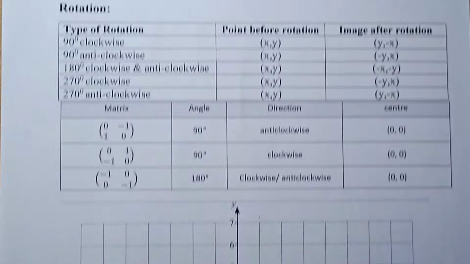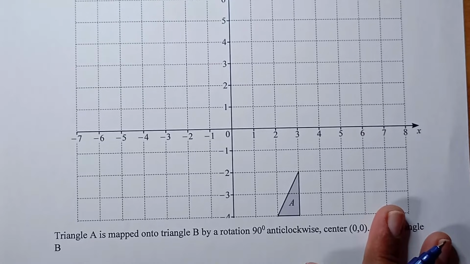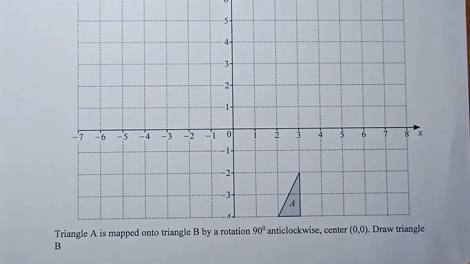So let me explain this rotation by using an example. Triangle A is mapped onto triangle B by a rotation of 90-degree anti-clockwise. The center is the origin.